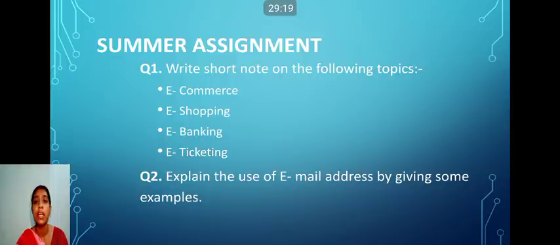Either it is for railways or airways. Nowadays, e-tickets are booked for movies also online. So any kind of reservation you make or any kind of ticket you buy using the internet is known as e-ticketing. I hope all these points are clear.